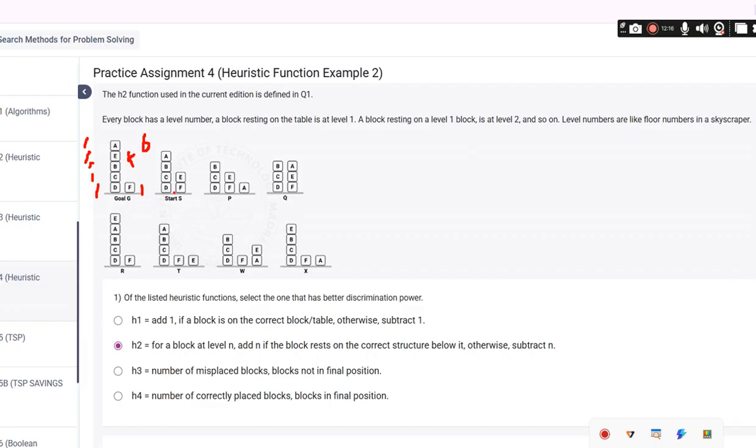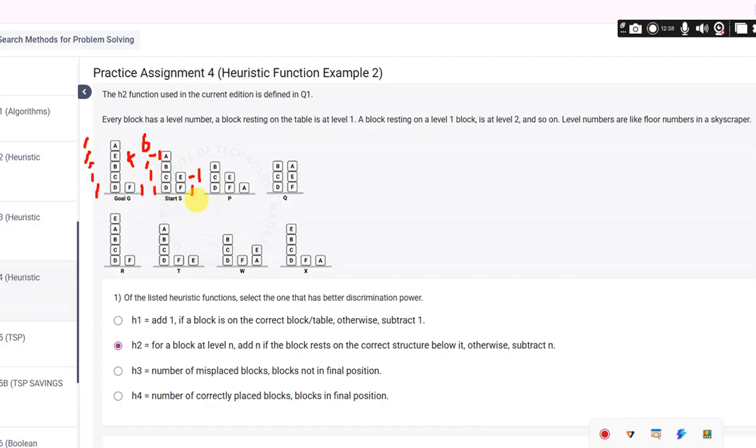For S, this is in correct position, 1, this is correct, 1, this is correct, 1. A is not in correct position. Next, F is in correct position. So we will minus 1, and here we will also minus 1.